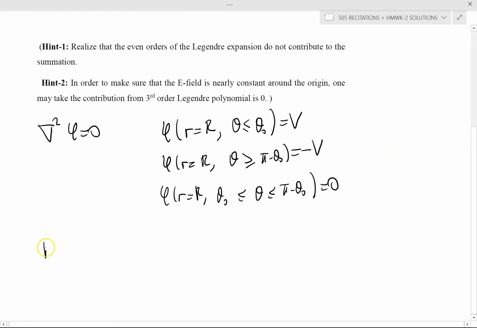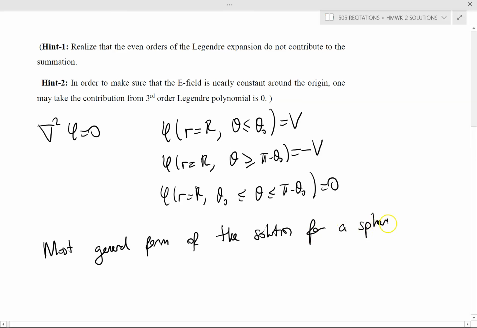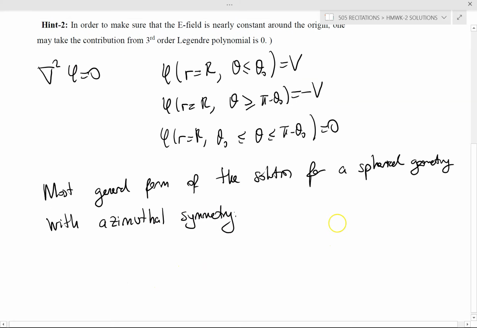The most general form of the solution for a spherical geometry with azimuthal symmetry is this one.